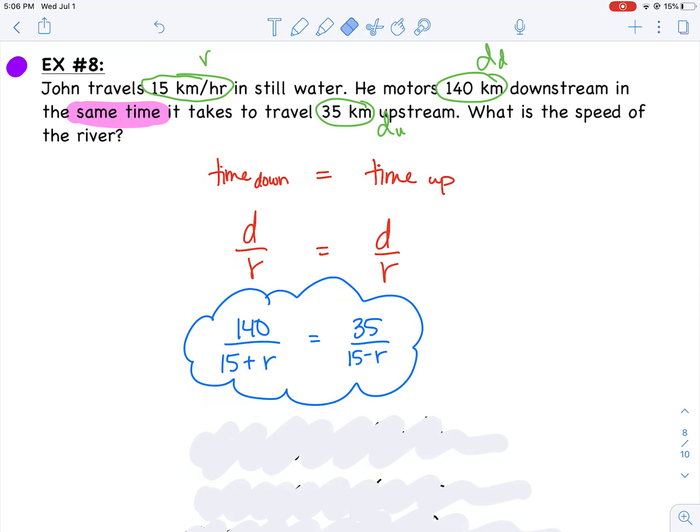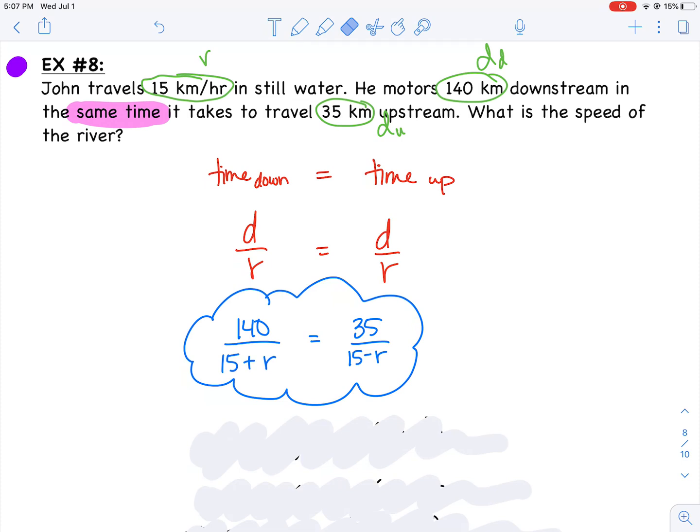I'm going to go the river's speed plus my speed, so 15 plus R. Now, if I go upstream, aren't I going to be slowed down a little bit by the current of the river? So my speed, 15, is going to be slowed down by the speed of the current of the river. So I'm going to say 15 minus R.